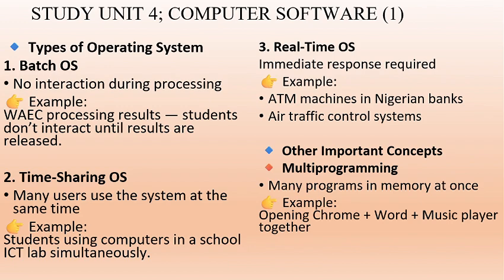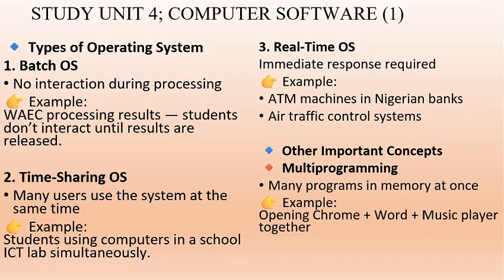For the batch operating system, it has no interaction during processing. What does this mean? It means that when you send a job or you are processing data, there is no interaction during the processing until the result is out.